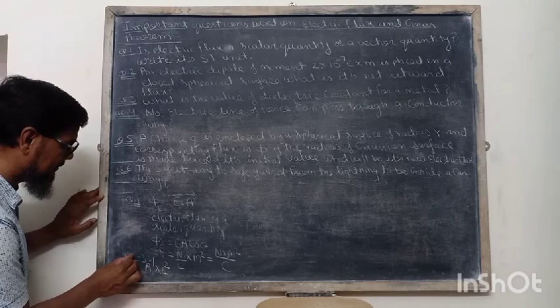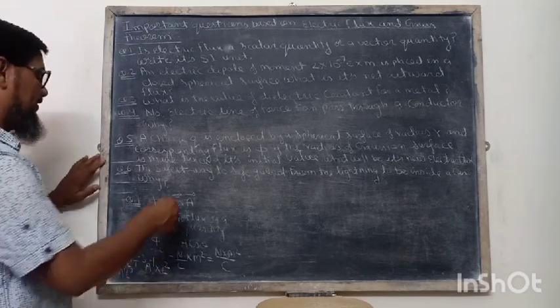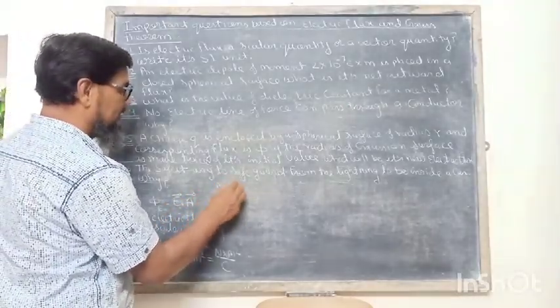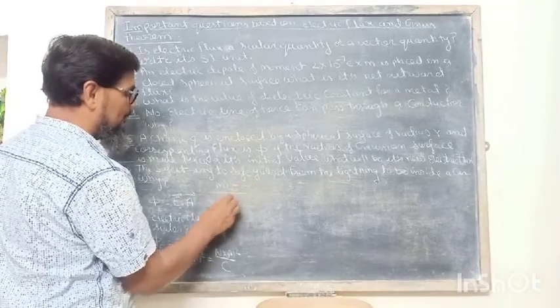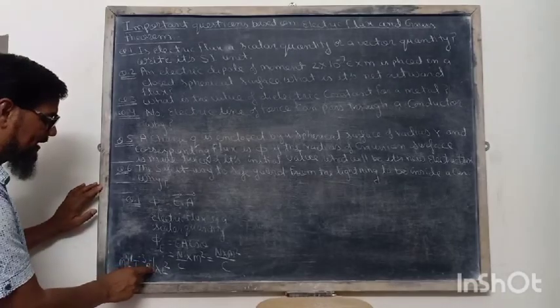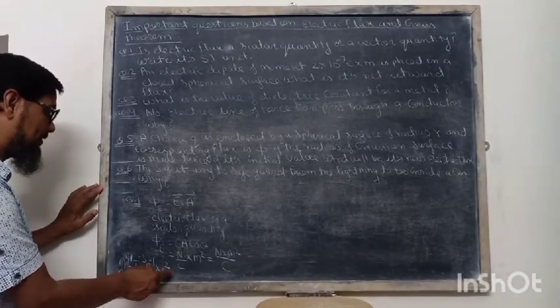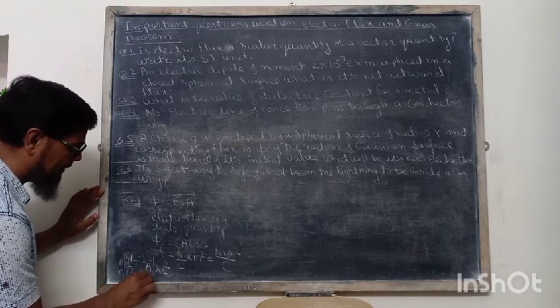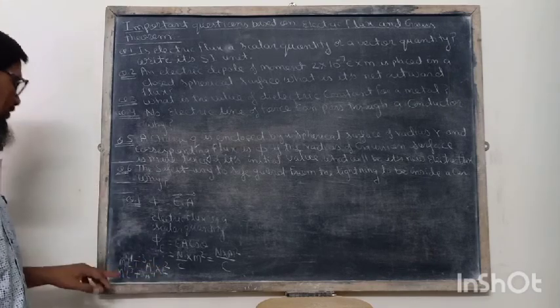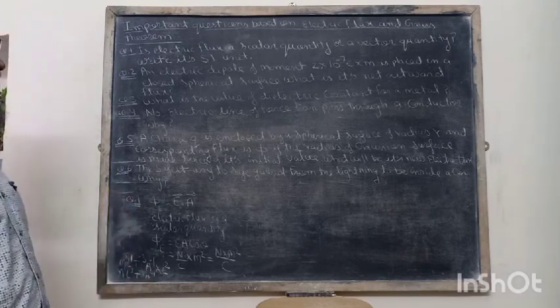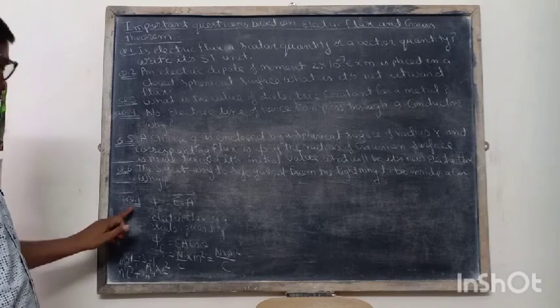So electric flux is M1 L1 T minus 3 A minus 1 multiplied by L2, so M1 L3 T minus 3 A minus 1 will be the dimensional equation of electric flux. So this is the answer of the first question.